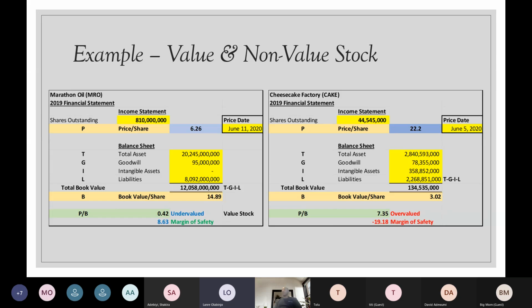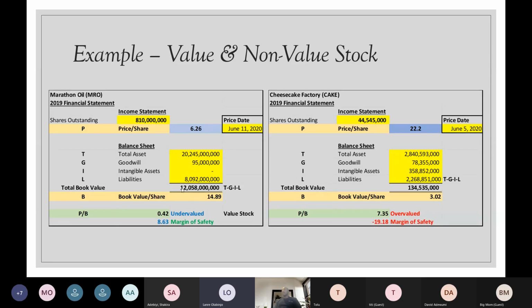You can't see the copyright. It might be on paper, but you can't physically see it other than what is written on the paper. So those are considered intangible assets. You subtract the goodwill and the intangible assets from the total assets to get the tangible assets, and then from that you subtract the company's liabilities. When you've done that, you have calculated the total book value of the company, which is T minus G, I, and L.